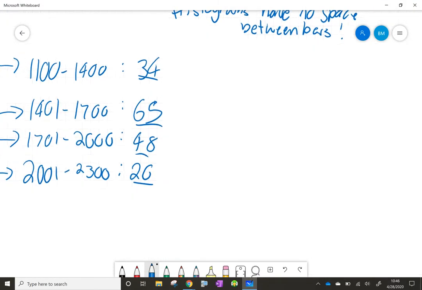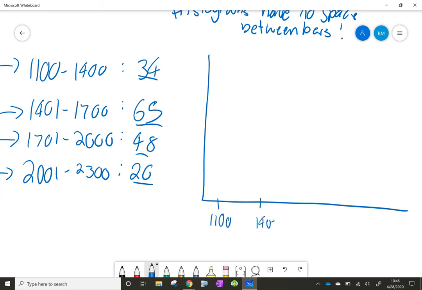So for our histogram, let's put our bar at the bottom. We'll start at 1100, right? And we'll just go the way it has it. So we'll go to 1400, and we'll go to 1700, 2000, and then 2300. So from 1100 to 1400, that range, we had 34 people.